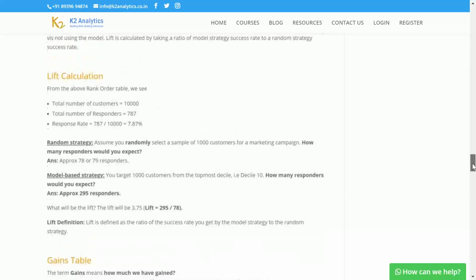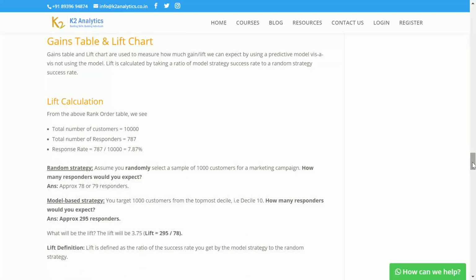So let's understand the gains table and lift chart. Let's try to understand with very basic probability concepts. I have a total of 10,000 customers. Number of responders are 787. So my overall response rate is 7.87%.